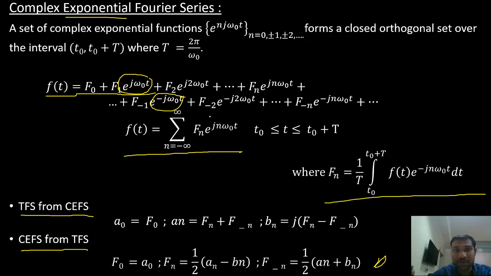So continuing this, I can finally get my trigonometric Fourier series coefficients. The formulas will be a₀ is equal to f₀, an will be fn plus f₋n, and bn is going to be j into (fn minus f₋n). So we'll see a few problems on exponential Fourier series in the next video.